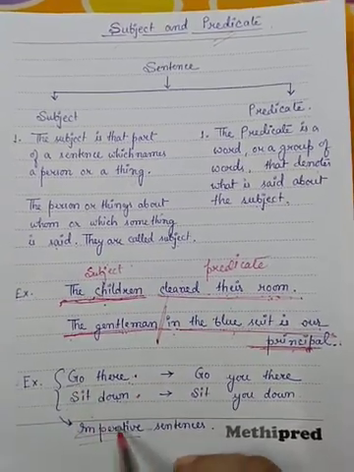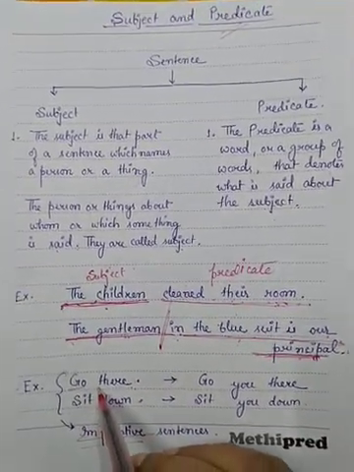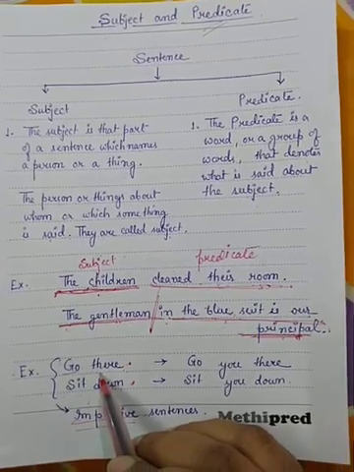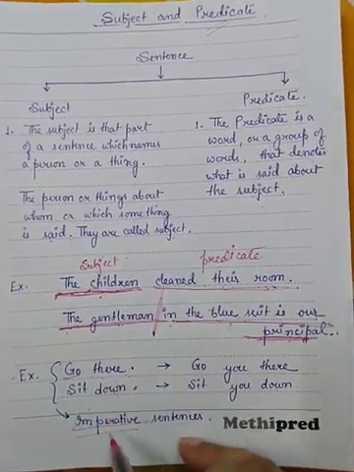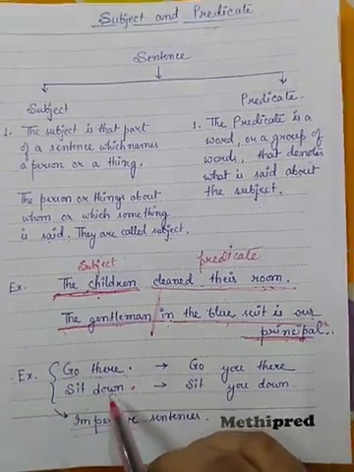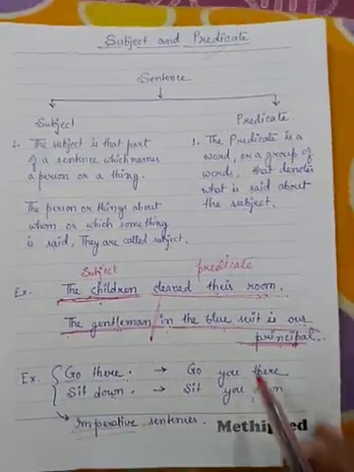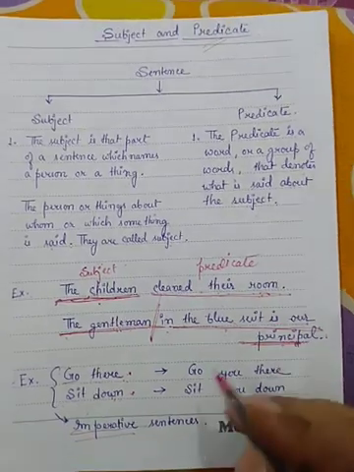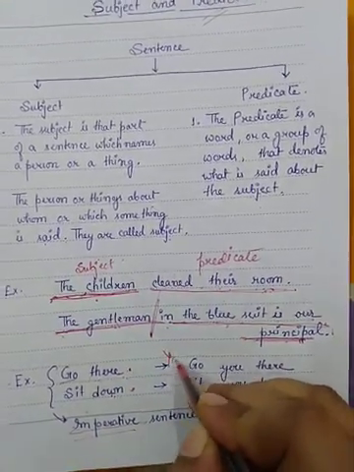Go there. In these types of sentences, the subjects are missing or in silent form. You can imagine these sentences in this way: go you there, or you go there. You can write like this also.